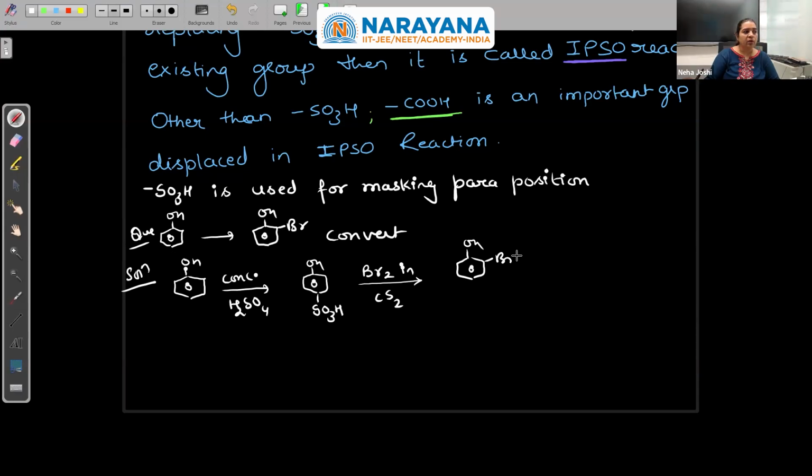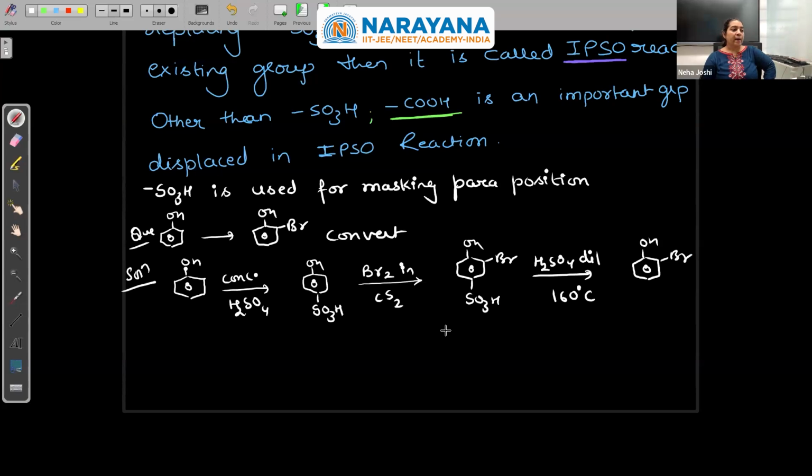So I can have bromine here. And now I will heat it with dilute H2SO4 at 160 degrees centigrade. So ipso will take place and OH bromine. So this is what I meant, that masking of para position is done by this method.